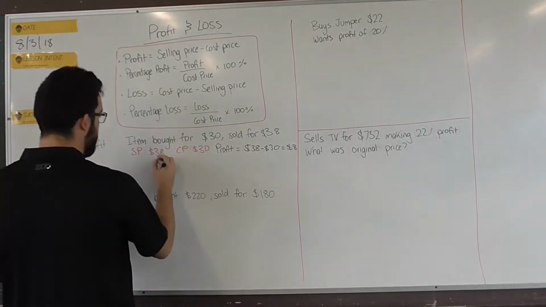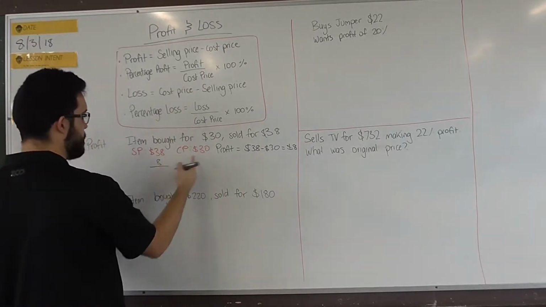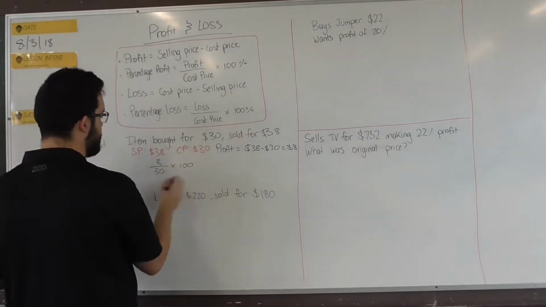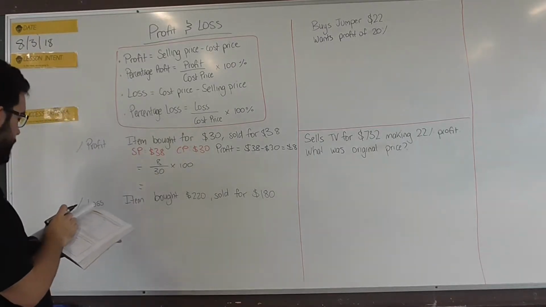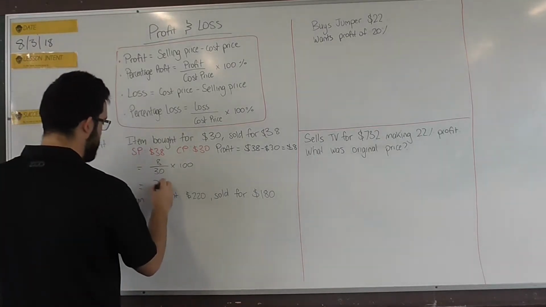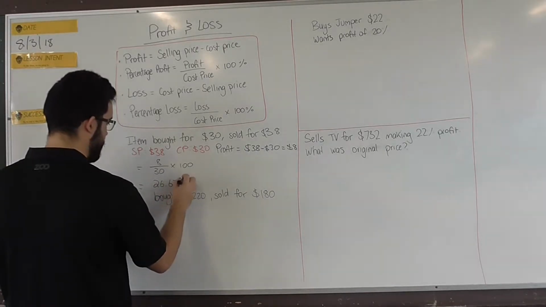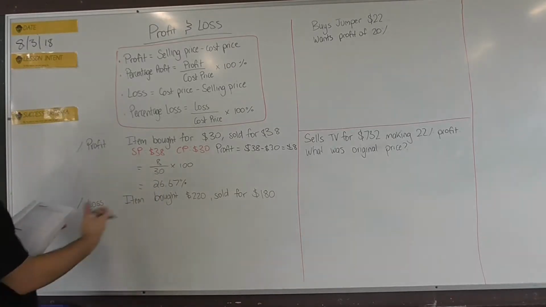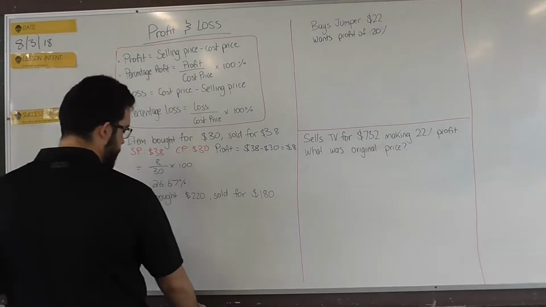So let's put our profit, which is $8, over our cost price, which we know is 30, so the original amount, and times it by 100 to get our percentage, and that's going to equal 26.67%. So we made a profit of 26.67%. That's our percentage profit.